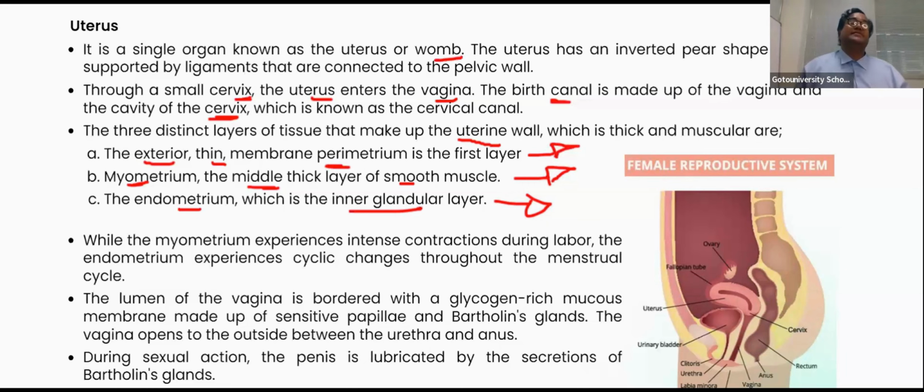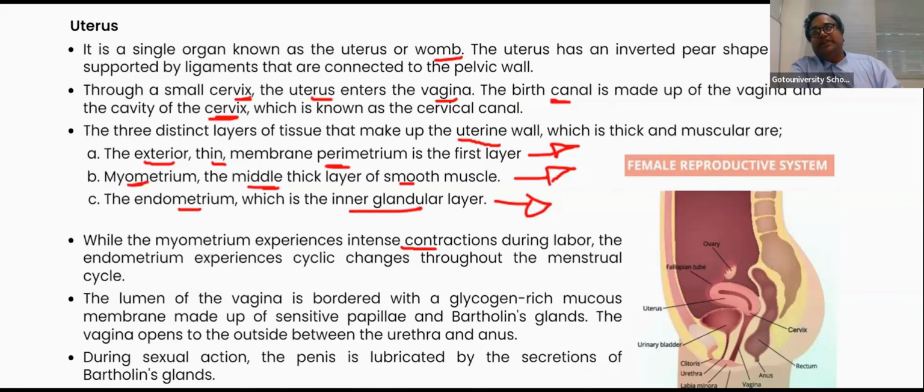For each and every sentence, hidden sentences are present. Now, if you are going for the myometrium, it experiences intense contraction during the labor period. Who is doing the work during this intense contraction? Who is the influencing factor? Mine is the myometrium. I go for contraction much more during the labor period.